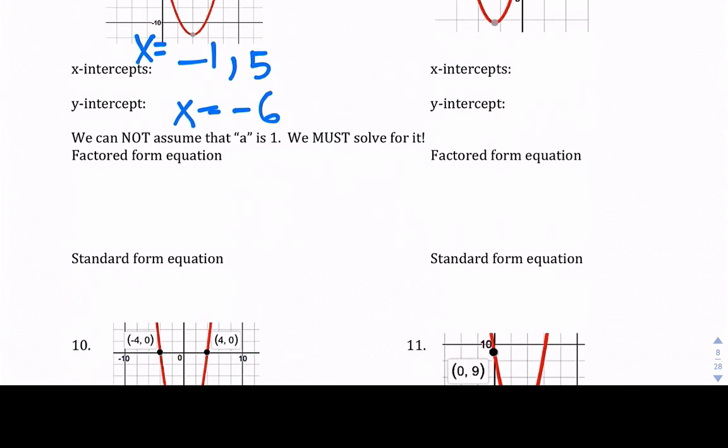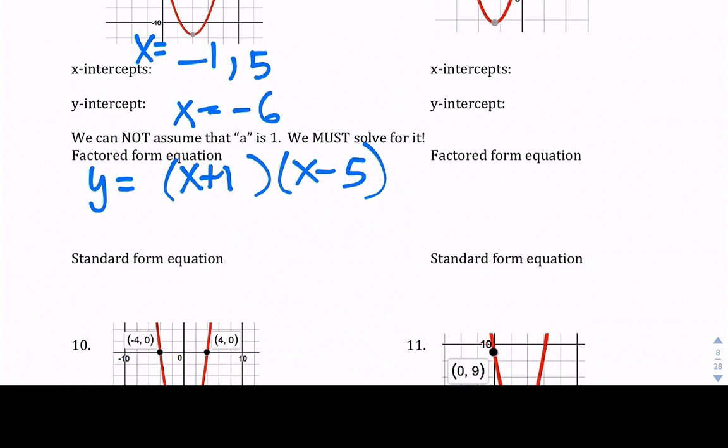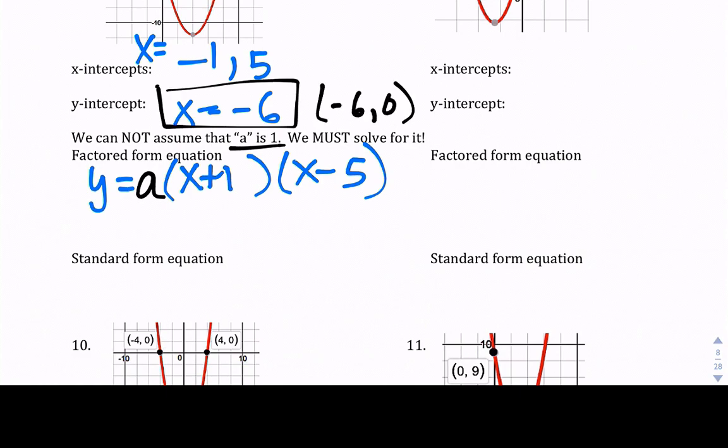How does that translate to an equation? First up, let's write the factored form. The opposite of -1 is +1. The opposite of 5 is -5. But there might be a scale factor in front, and we call that scale factor A. So to find A, we plug in the y-intercept. The y-intercept is (0, -6). So here's what we plug in.